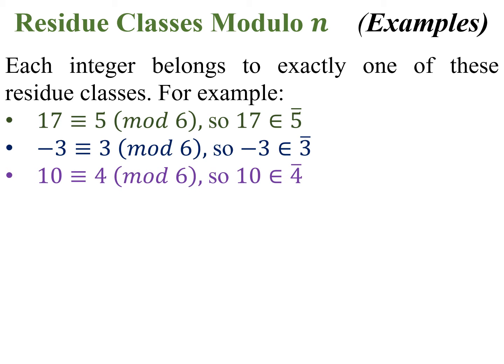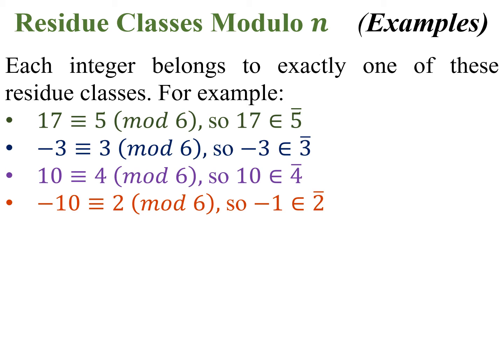10 is congruent to 4 modulo 6 because 6 divides 10 minus 4. 10 minus 4 is 6 and 6 is divisible by 6. So 10 is congruent to 4 modulo 6 and hence 10 belongs to class of 4. Again, minus 10 is congruent to 2 modulo 6 because minus 10 minus 2 is minus 12 and minus 12 is divisible by 6.